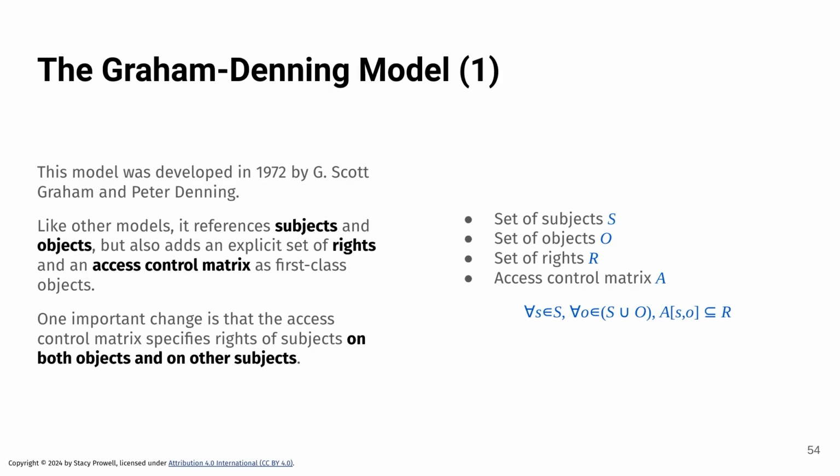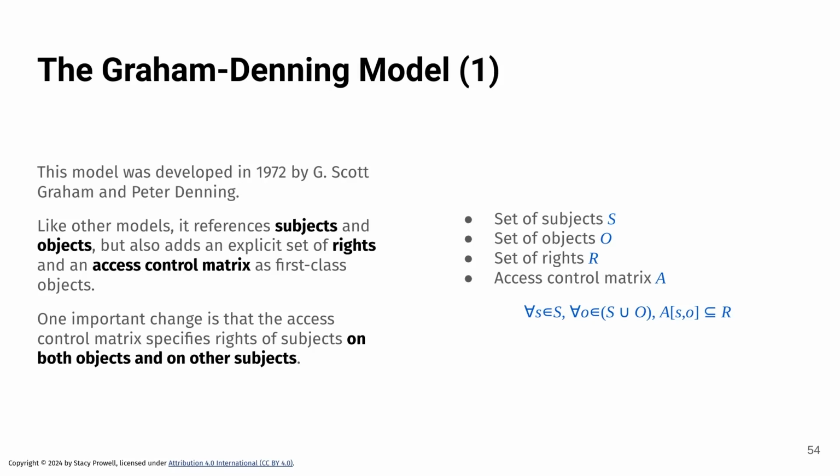And I have an access control matrix, and I treat that as a first-class object. So in the past, we've said, well, there's this hypothetical access control matrix. It's still hypothetical. Graham-Denning doesn't require that you write the whole thing down and implement it in code. It basically uses it and tells you how the access control matrix changes, how you store the results of that, how you implement it is up to you.